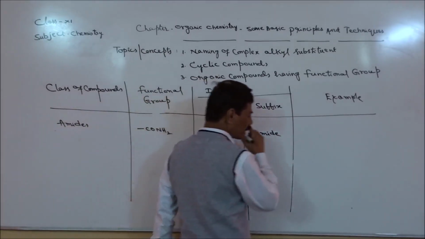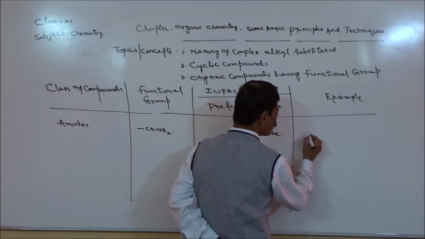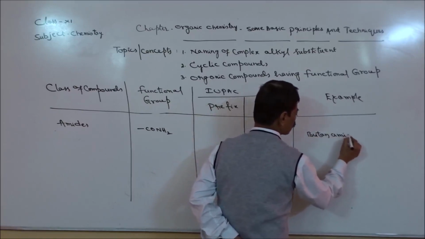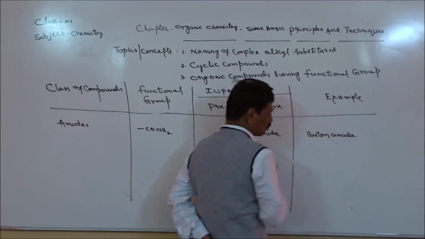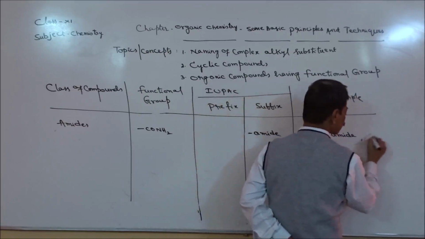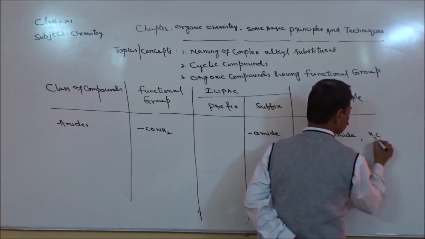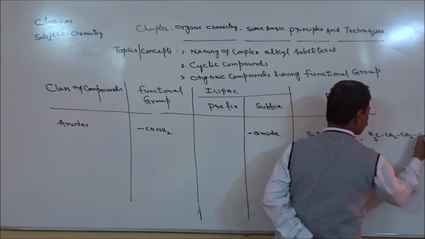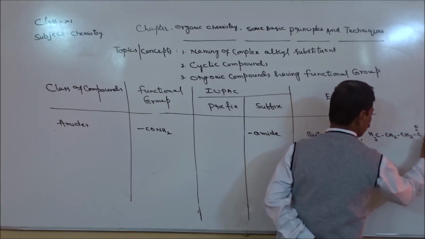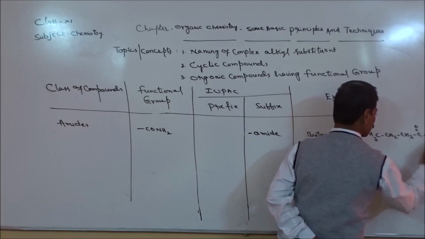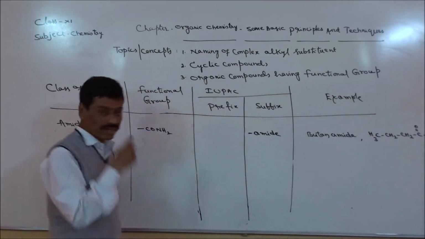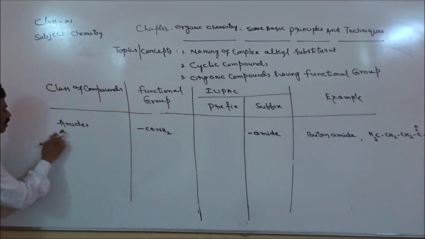And the best example for this is butanamide. So the structure is like this: CH3, CH2, CH2, CO, NH2. 1, 2, 3, 4. Butanamide or 1-butanamide.